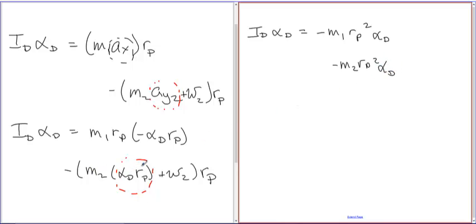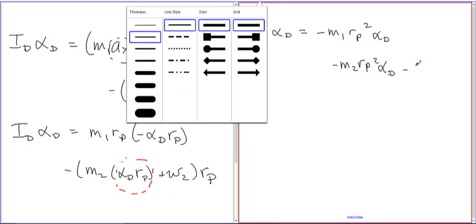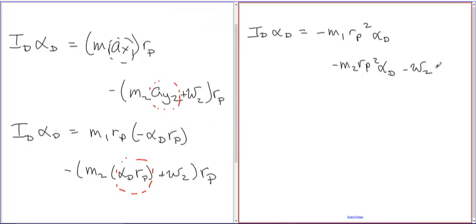Just multiply this times that times that times that with the negative sign. Combine the two R for the pulleys to get R for the pulley squared. And then I've got negative W2 times R for the pulley.